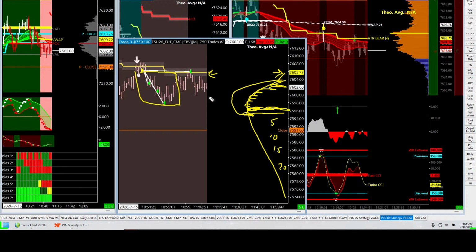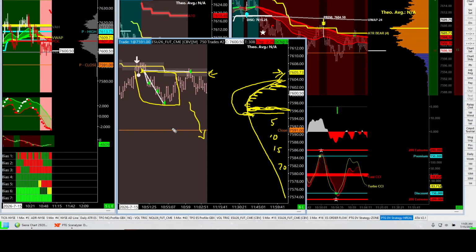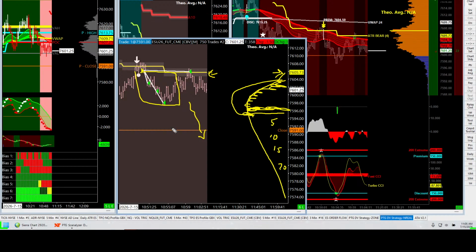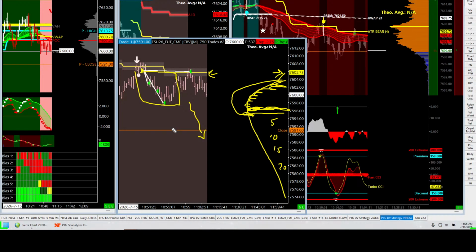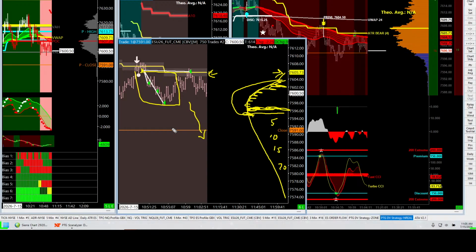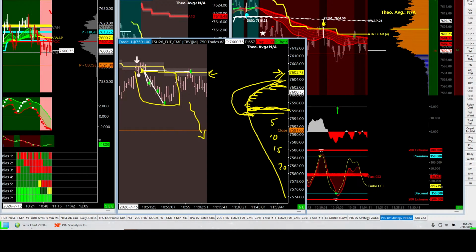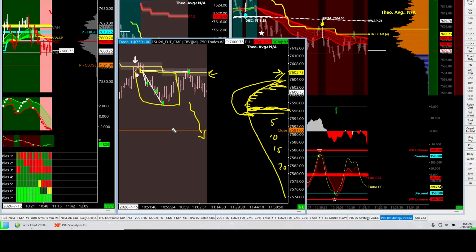So that runner, we'd love to get that runner, but how often do you get a runner? Not that often. I don't have a number specifically on the occurrences. You may get a couple runners a week. Depends, right?